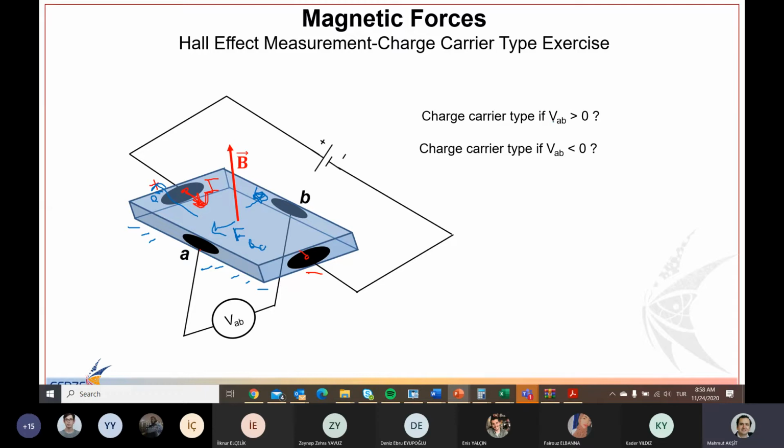So for voltage values larger than 0, the charge carriers cannot be electrons. They should be positive charge particles. They should be holes. For electrons, the voltage drop is negative. So you say that if the voltage drop is negative, it is conducting with electrons.